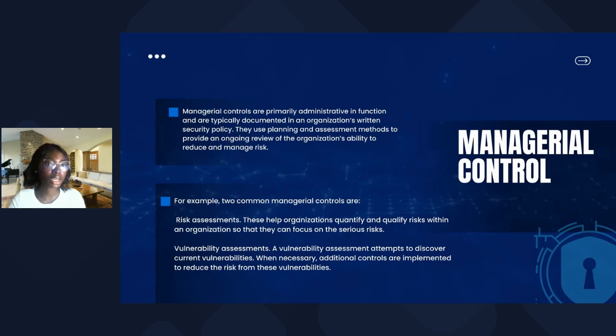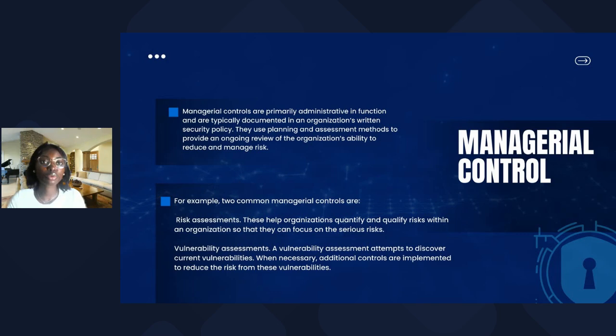They typically fall under things like, oh, we have to document security policy, these are the security policies we have for the organization, these are things we've been able to document, right? This control falls under the administrative function of an organization, and they are usually planned to reduce or even manage risks within the organization.